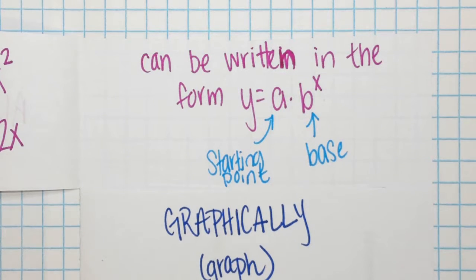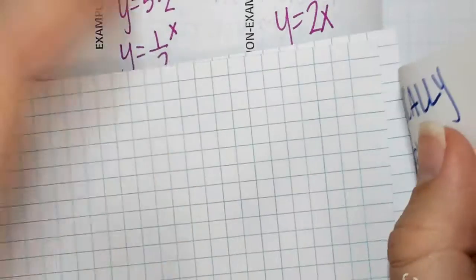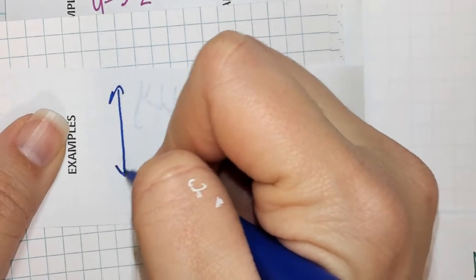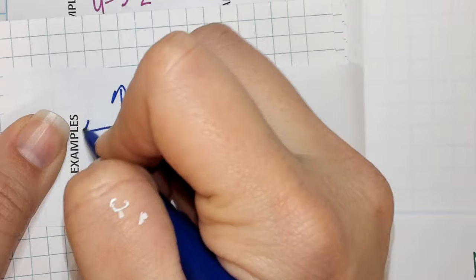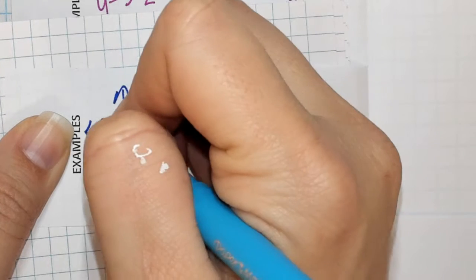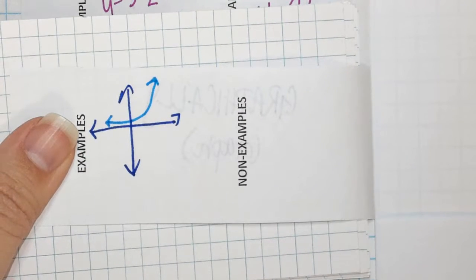Alright, so graphically, there are several ways that our graph can look. One way is like this. That's called an exponential growth because it's getting bigger.